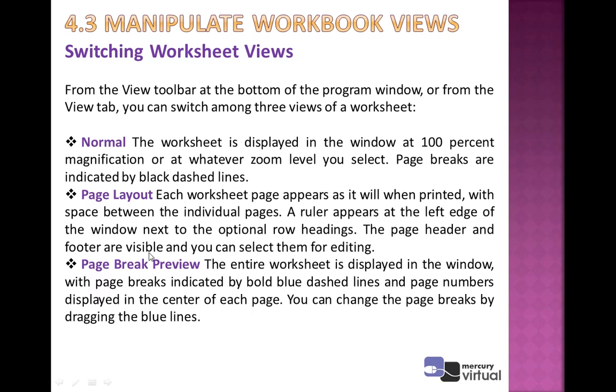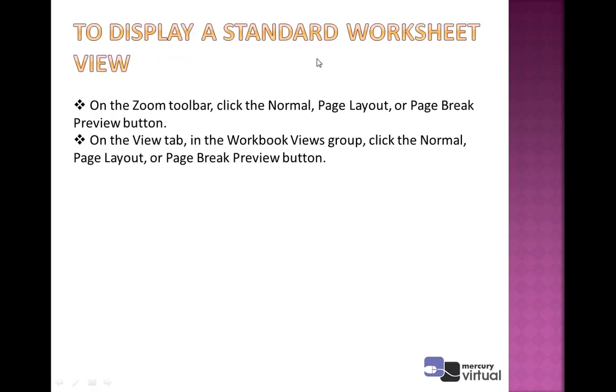Now let's see in a practical way what are the views of these windows. How to display a standard view? On the zoom toolbar, click the normal, page layout or the page break preview button. There is a toolbar that is known as the zoom toolbar. Either click on one of the views.